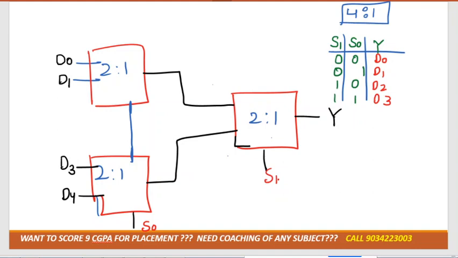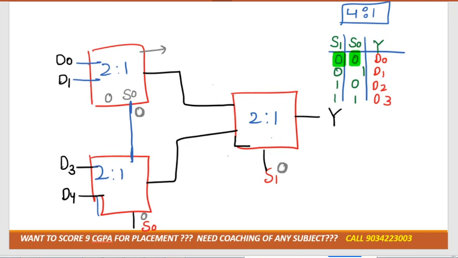Now we have to cross-check whether our answer is correct or not. So let's consider this case. First case: if S0 is 0, this is also S0, and S1 is also 0, then tell me, what would be the output of the first mux? Again I am asking my question.